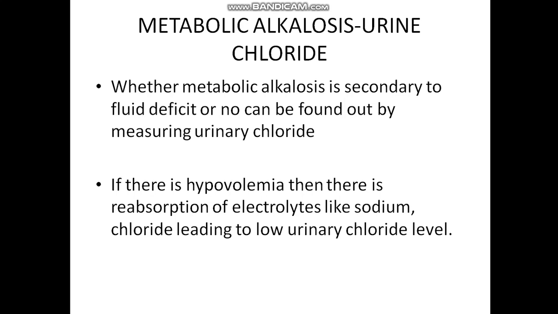In such patients the urinary chloride will be low because the body will try to reabsorb all the electrolytes like sodium, bicarb and chloride. So in such cases, by giving fluid, the metabolic alkalosis will improve. Remember, urinary chloride is calculated mainly in cases of metabolic alkalosis.